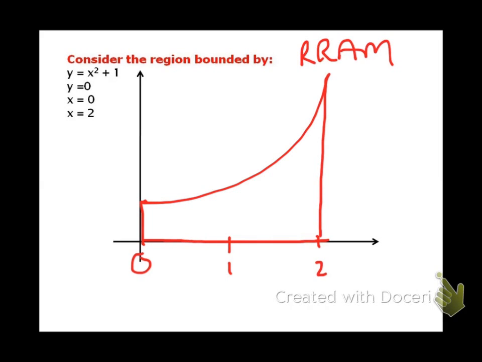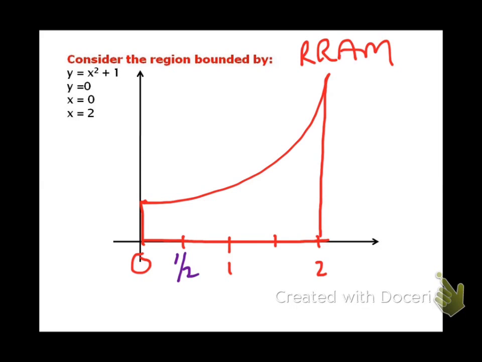Alright, again this time I'm going to do 4 subdivisions, they'll still be at 1/2 and 3/2, but this time when I create my rectangles, I'm going to use the right side. So I'm not going to start with 0, but I'm going to start over here at 1/2.